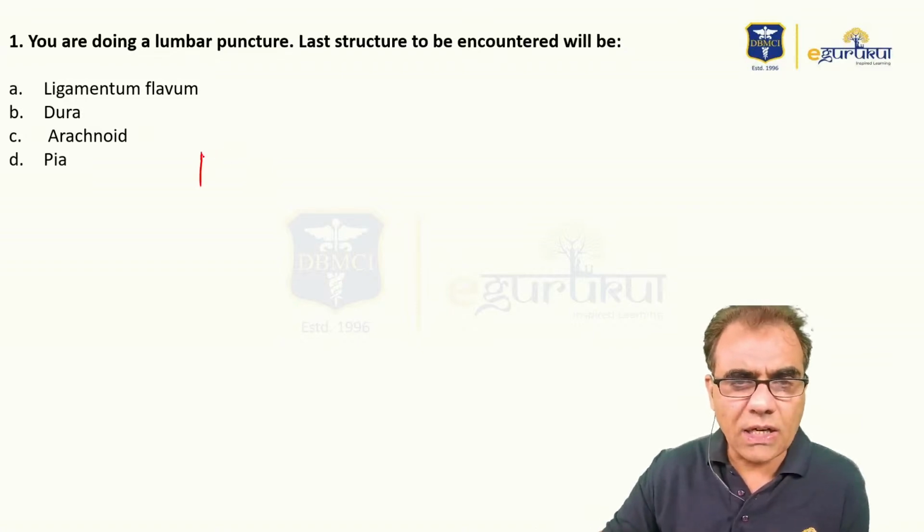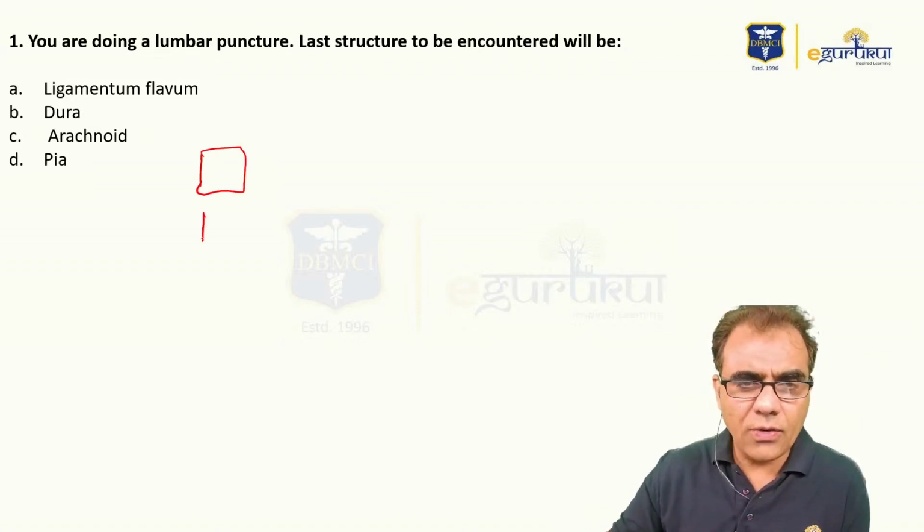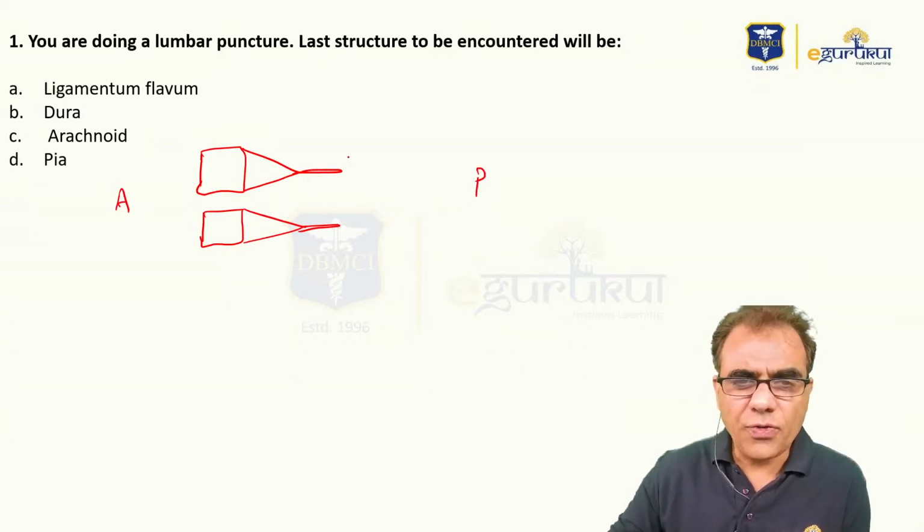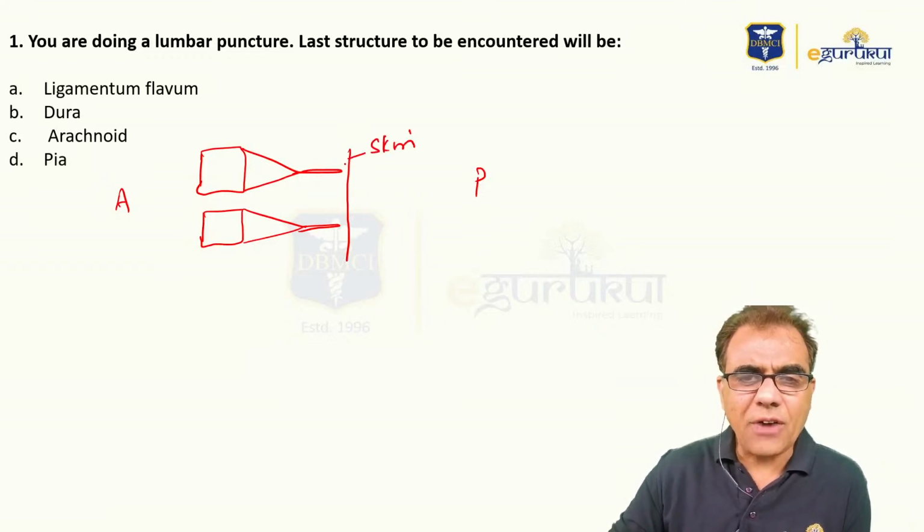So just starting from posterior to anterior. So this is posterior, this is anterior. So first to encounter will be obviously skin. After skin, it will be subcutaneous tissue.